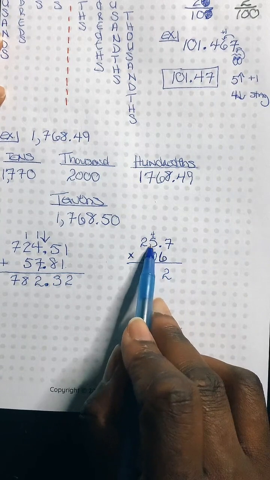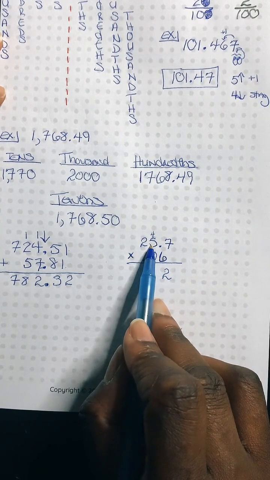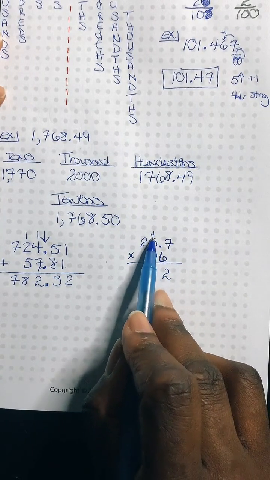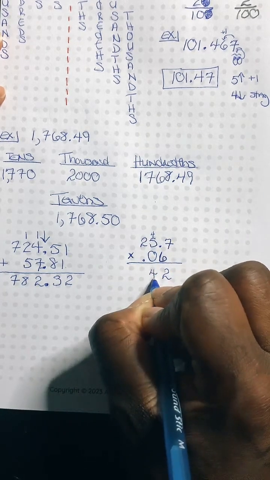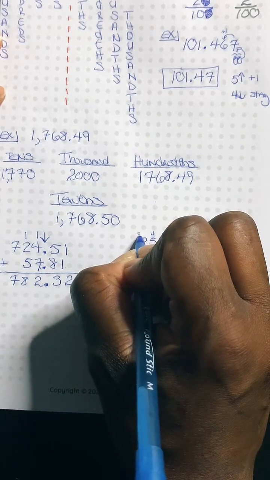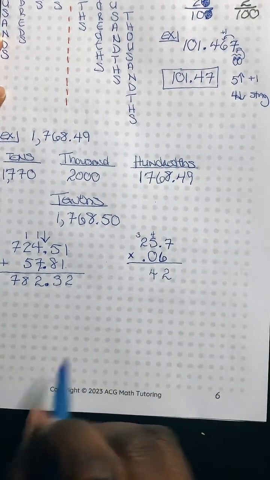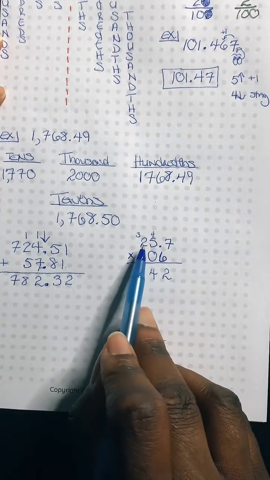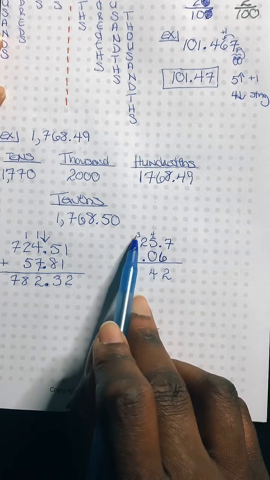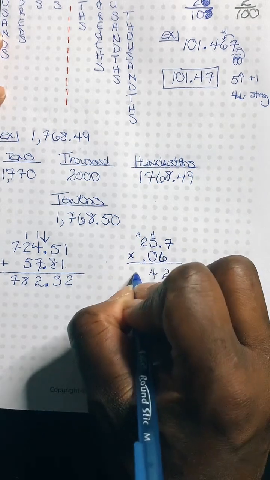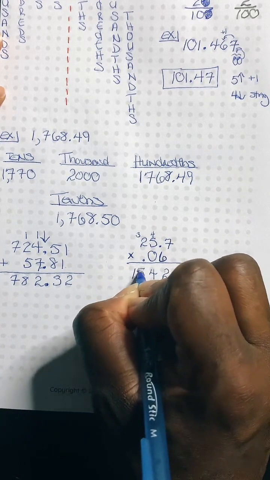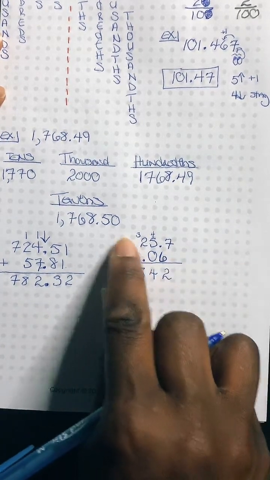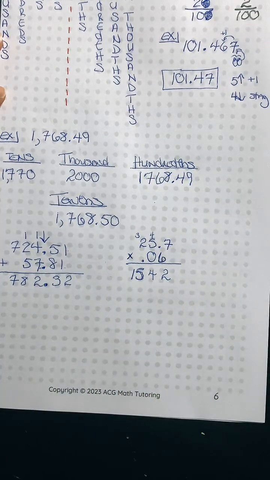Now 6 times 5, that gives me 30, but I have to add the 4, so that's 34. So I bring down the 4, carry over the 3. Now 6 times 2 is 12, plus 3 is 15. And I can bring down the whole 15 because I don't have another number to carry it over to.